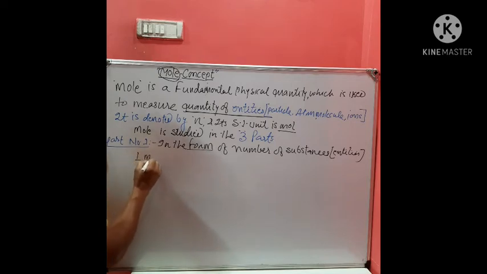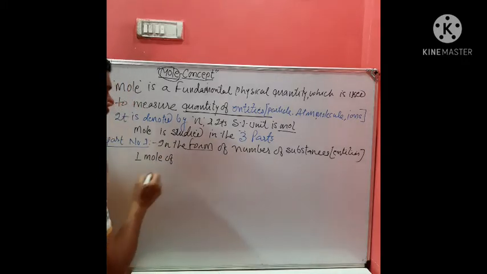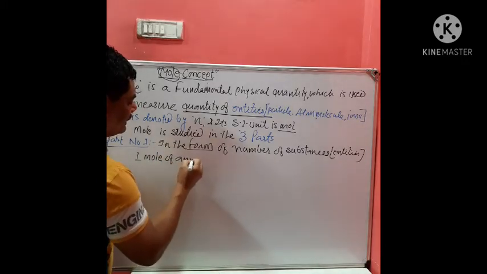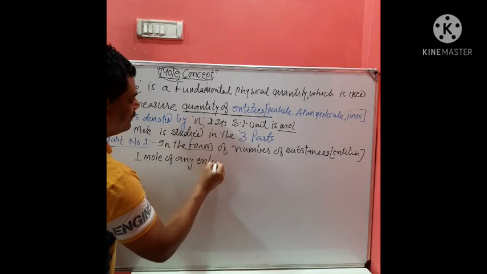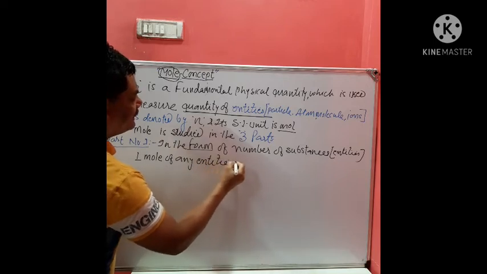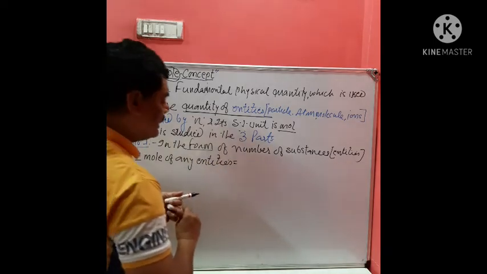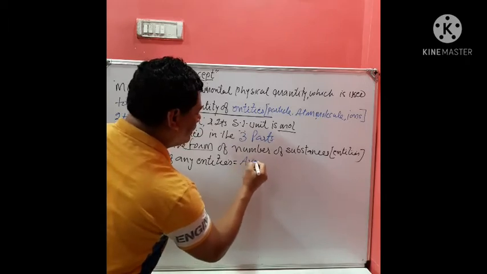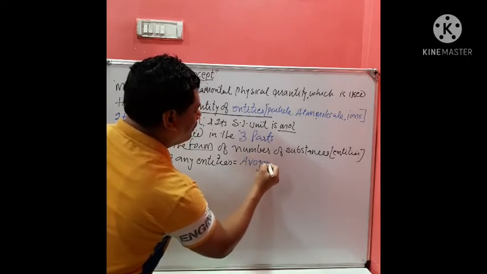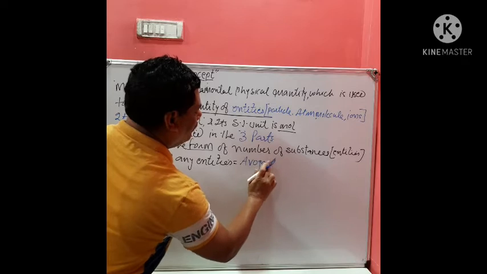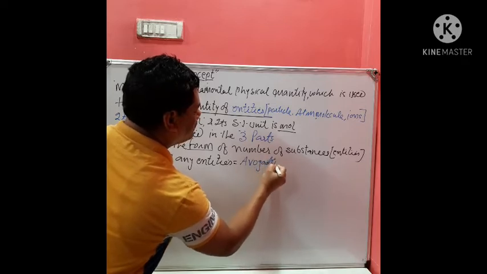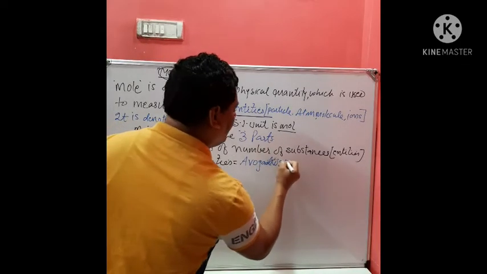1 mole of any entity is equal to Avogadro's number.